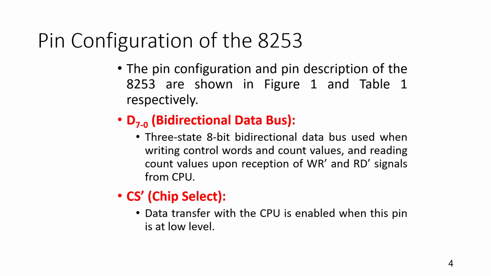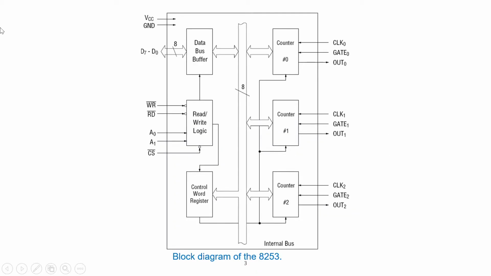It is a 3-state 8-bit bidirectional data bus that is used when writing control words and count values, and reading count values, upon the reception of write and read signals from the CPU. For that purpose, these signals D0 to D7 are used.